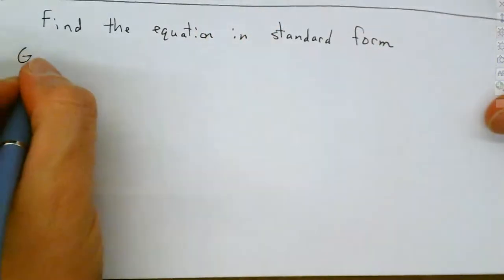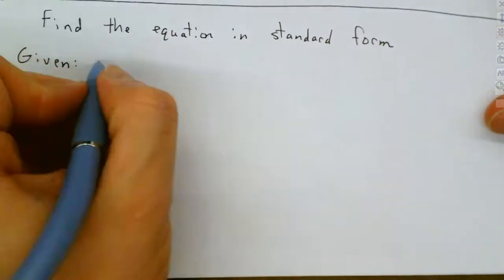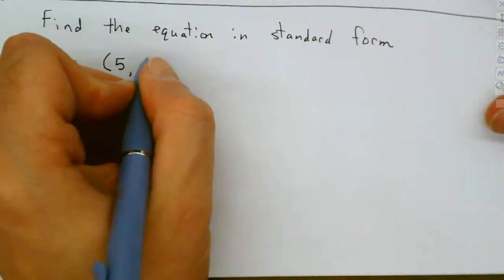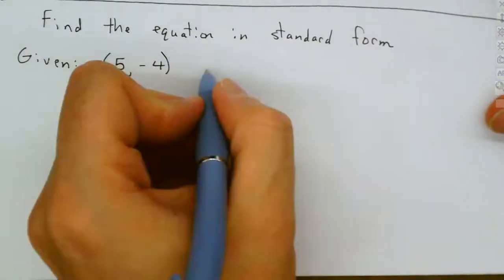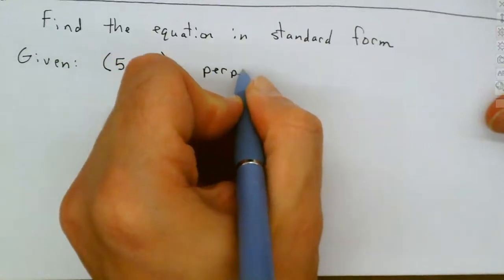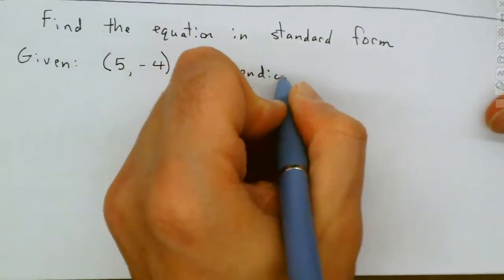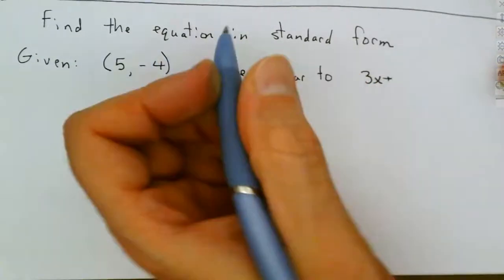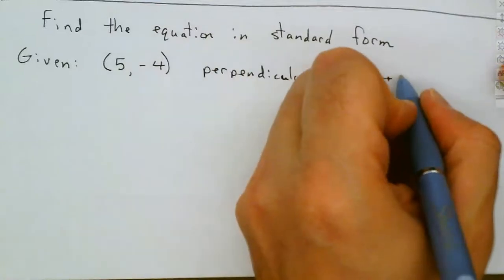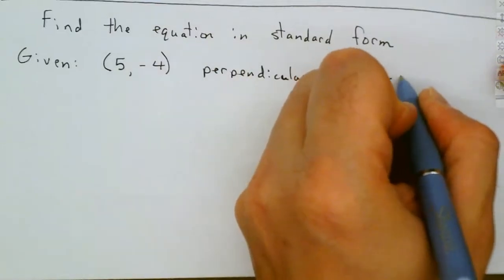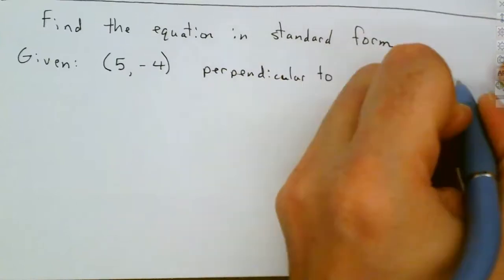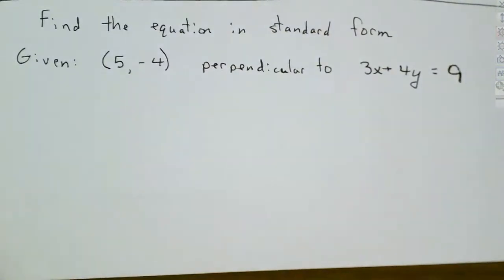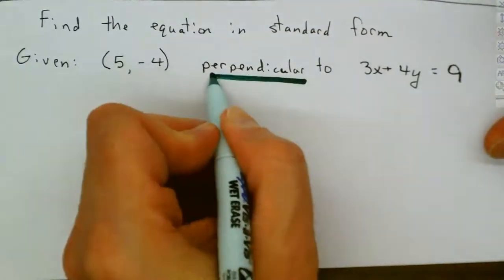And let's say you're given the point (5, -4), and let's say perpendicular to 3x plus, how about 4y equals 9. So this is what we've got. Now, the key word here is going to be perpendicular.